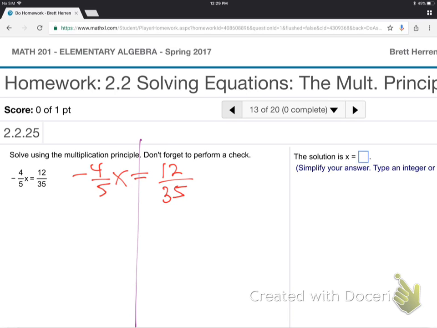So whatever's next to x, we just do the upside down. So the upside down of 4/5 is 5/4. So multiply both sides by negative 5/4. Negative, good job. Everybody see that? Why negative?